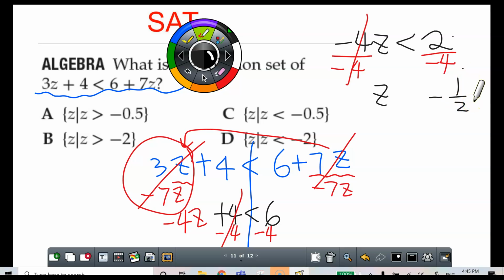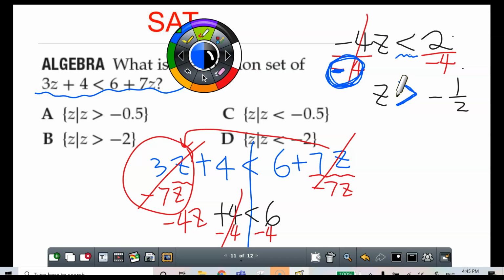However, you need to be very, very careful. Okay? If you divide or multiply by a negative number for an inequality, your inequality symbol must be changed.